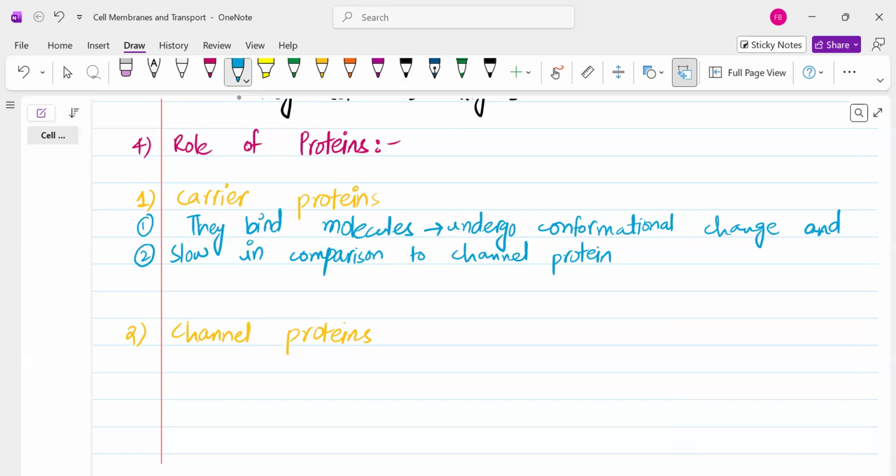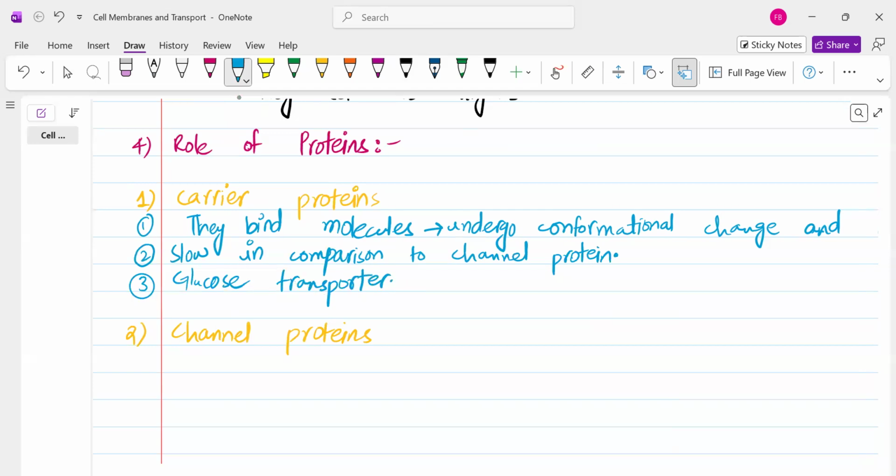Because it takes time for them to undergo conformational changes to modify the substance. You can also say the modification of the molecule. An example of a carrier protein is the glucose transporter protein.